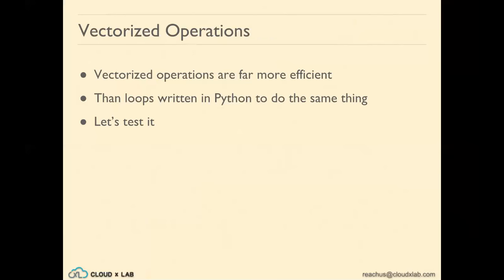Let me recap a bit. In the last session, we talked about the dot product operation, whereby we were multiplying two matrices. We noticed that there was a significant difference between the performance. So the operations that are provided by vectors themselves are far more efficient.